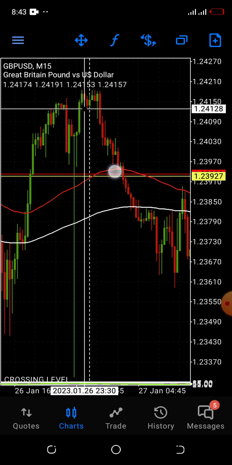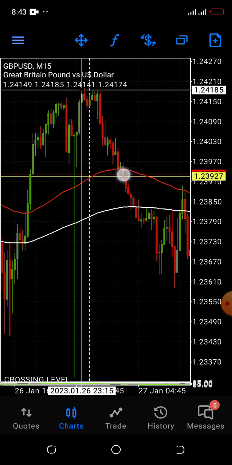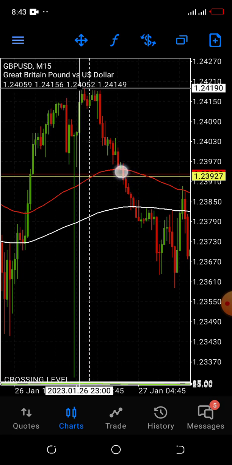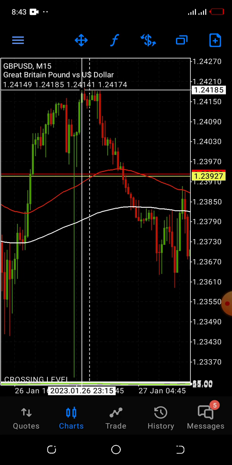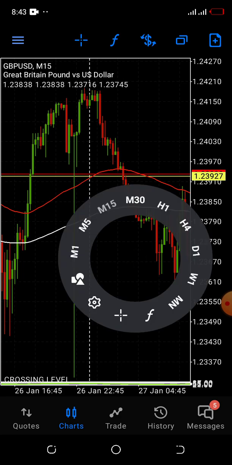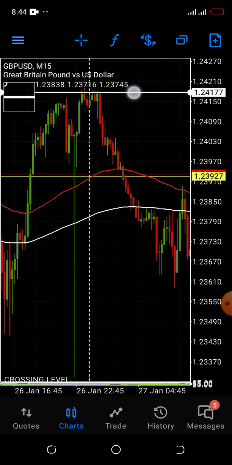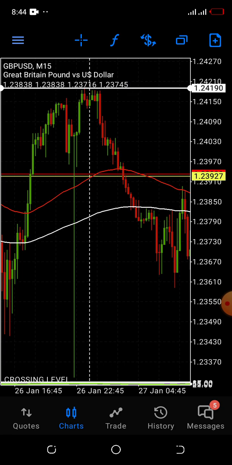But before it ends, there is a high that it has formed already. This is the high here on 24190. So let's just quickly place a level there to make it very clear, on the highest candle for that day where the market closed.